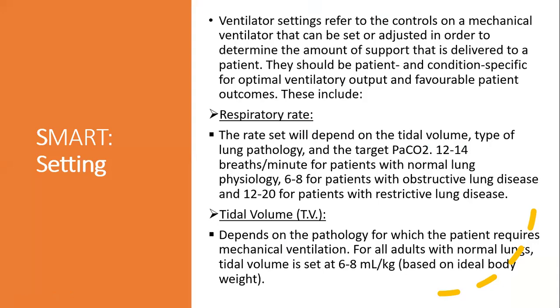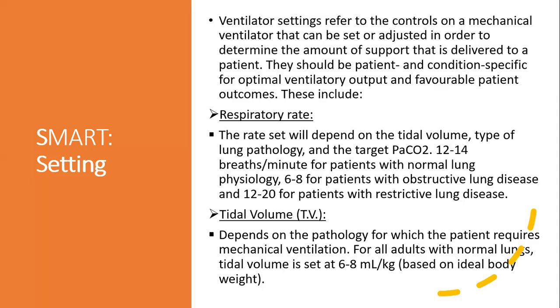So each setting that you feed into the ventilator should be patient specific, pathology specific, and goal directed. What do I want to achieve? For instance, respiratory rate for patients with normal lung physiology, you want to say 12 to 14.